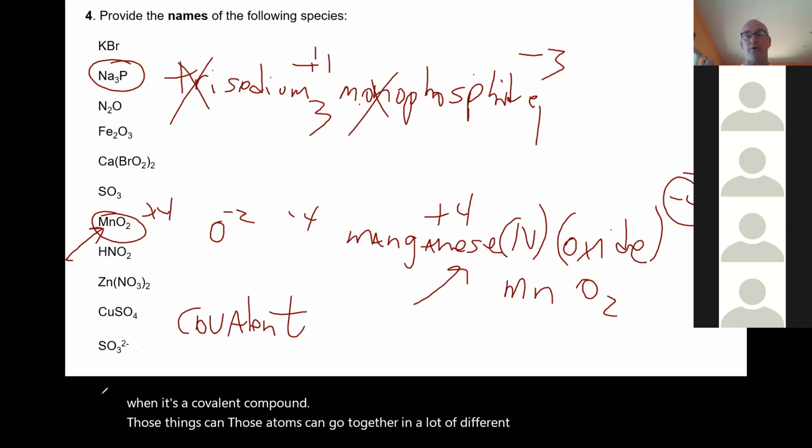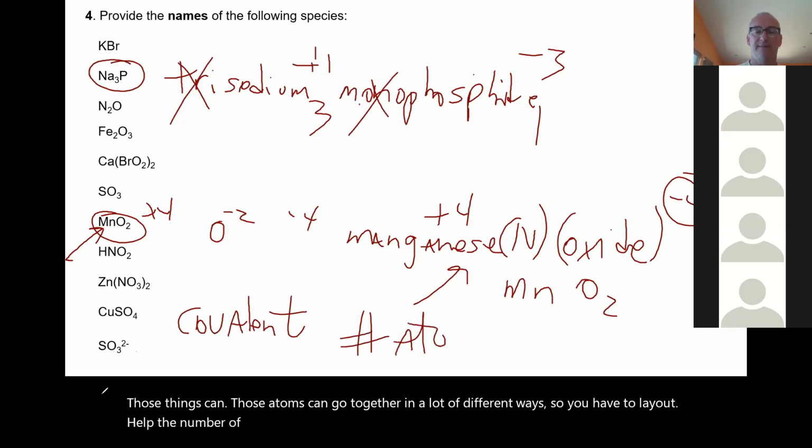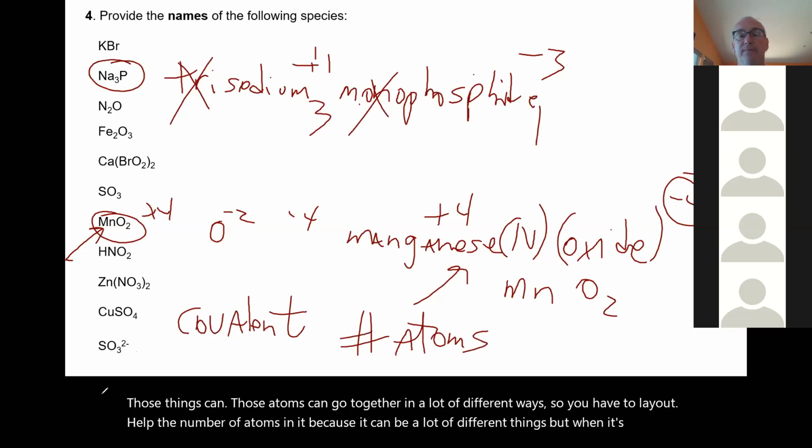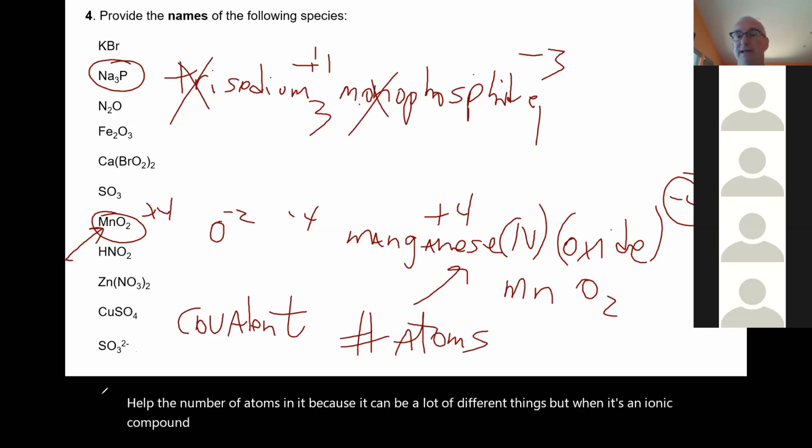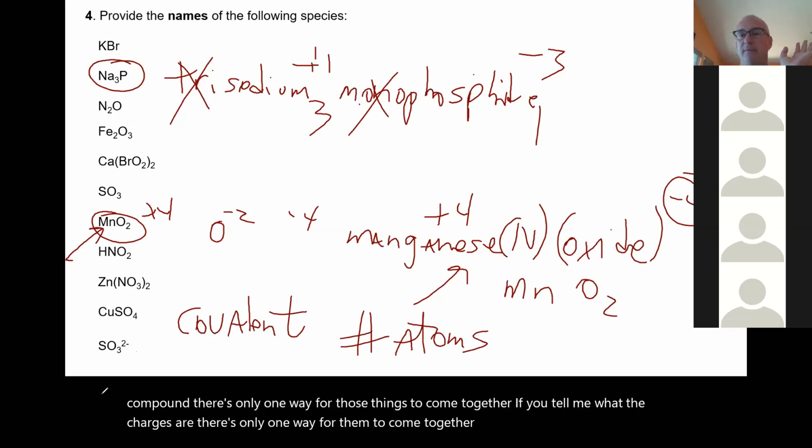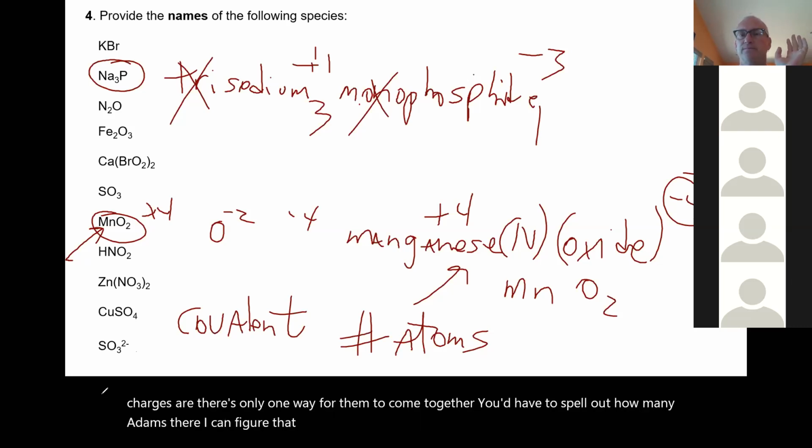So you have to lay out the number of atoms in it, because it can be a lot of different things. But when it's an ionic compound, there's only one way for those things to come together. If you tell me what the charges are, there's only one way for them to come together. You don't have to spell out how many atoms there are. I can figure that out on my own. Okay?